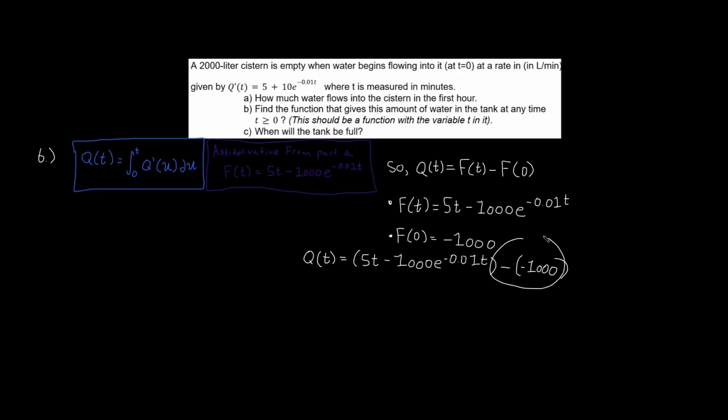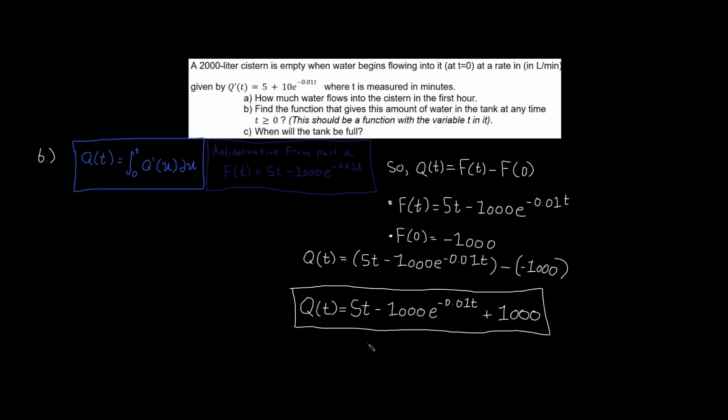Well, we can take one look at this minus negative 1,000 and come to the conclusion that it's just going to be plus 1,000. So then this is going to be our answer for part B. Q of t equals 5t minus 1,000 times Euler's number raised to the power of negative 0.01 times t, and then this is going to be added to 1,000.